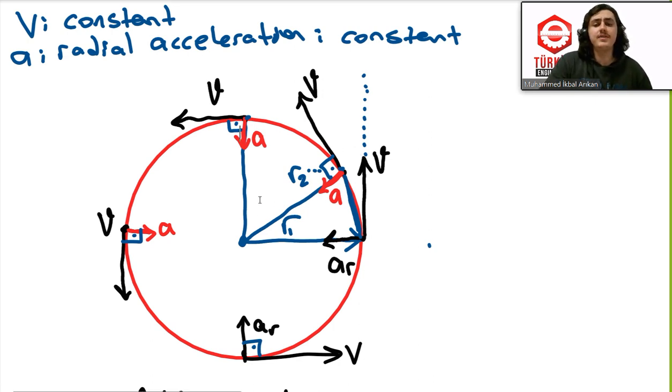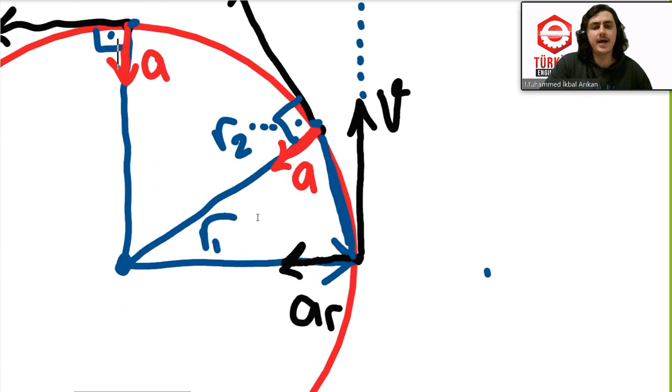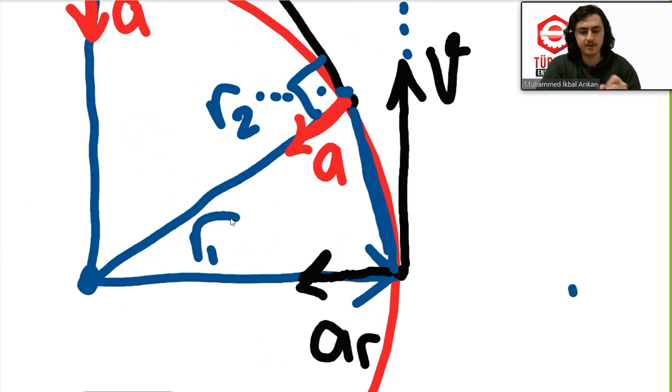Actually, I will zoom in to two triangles. As you see here, R1, R2, I have a displacement vector here. So my initial position is at this point and my final position at this point. Between these two points, I have this blue line which represents our delta R, which means the displacement vector.